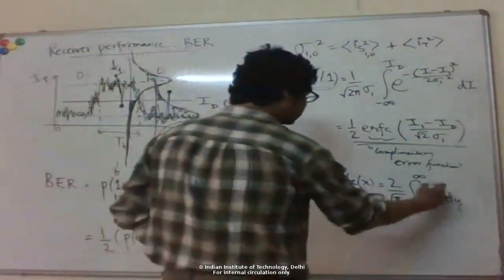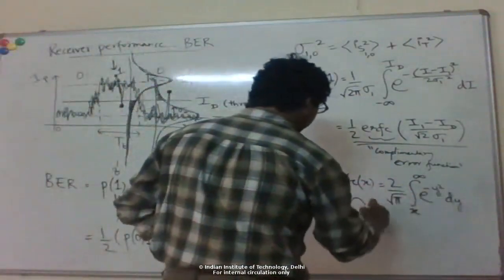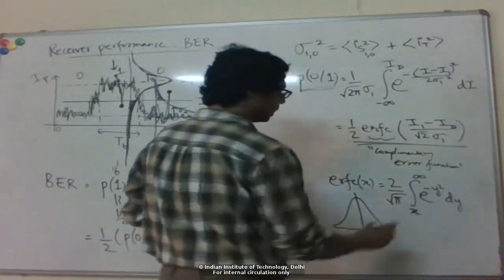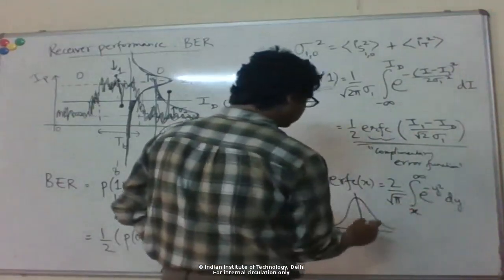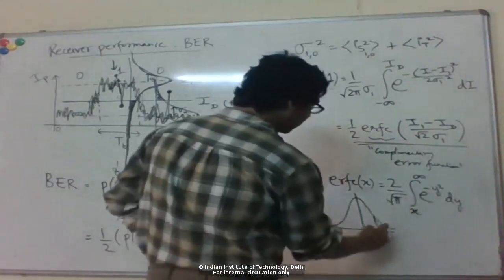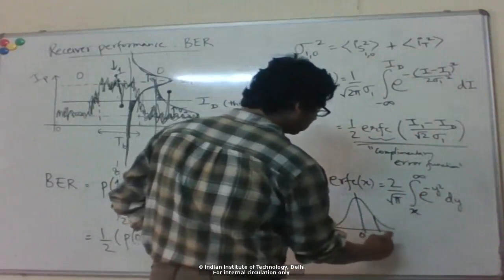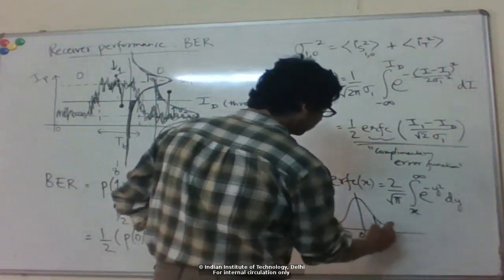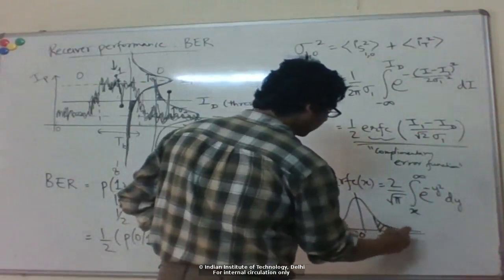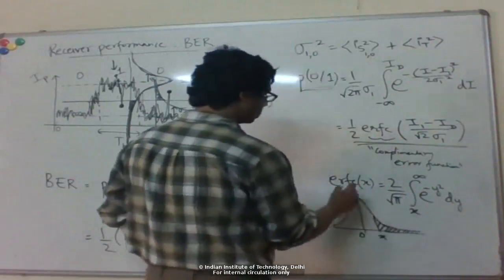So it's like a normalized Gaussian function with standard deviation 1, and it's the area under the curve from some value x to infinity.